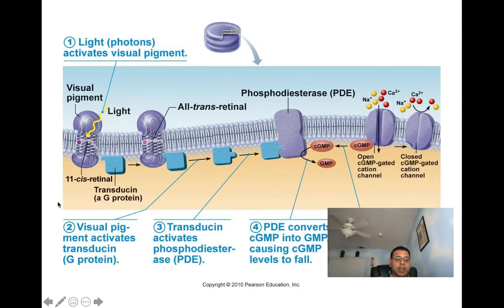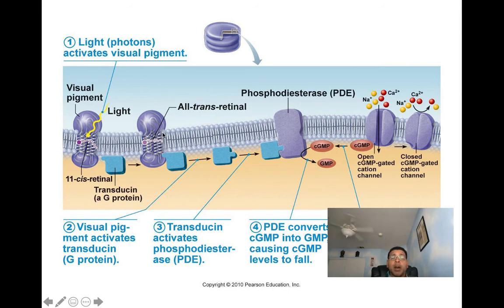So here we can see light-activated rhodopsin gives energy to stimulate a G protein, right inside here, called transducin. Once light hits the visual pigment, its shape changes, we said, right?